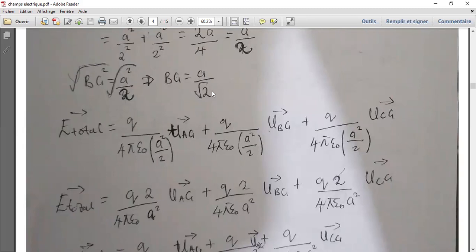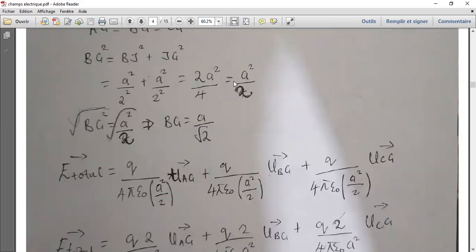Yes, but this value that we found, isn't it the same one we're going to use in the equation here? The one A squared divided by 2? Yes, it's the same one which we're going to use, but here I just broke it down so that you see what your BG is, the distance BG.